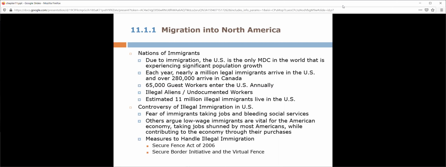There are a lot of people that come to America that don't follow the quote unquote proper channels. The reasons why that is, we'll dive into a bit more as we go forward. And it is in and of itself, as I say all the time, a very deep subject. A few slides in this presentation aren't going to do it justice.